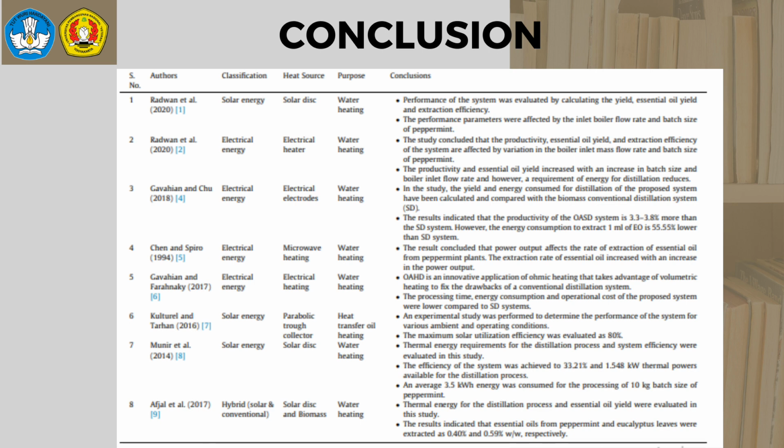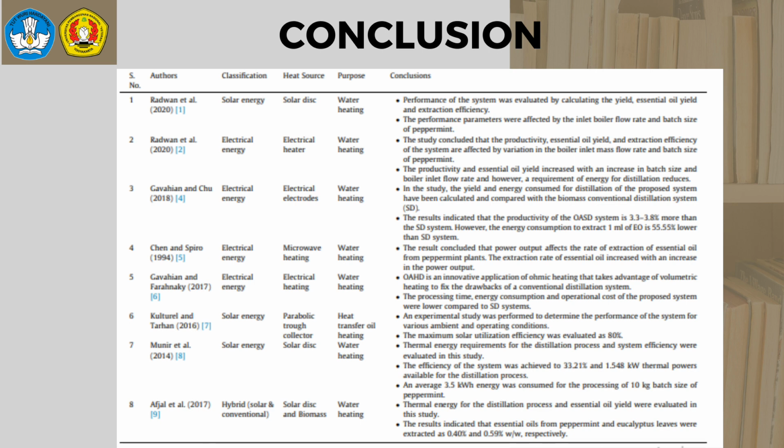The result indicated that the productivity of the OECD system is 3.3 to 3.8% more than the SD system. However, the energy consumed to extract 1 milliliter of EO, or essential oil, is 15.55% lower than the SD system.